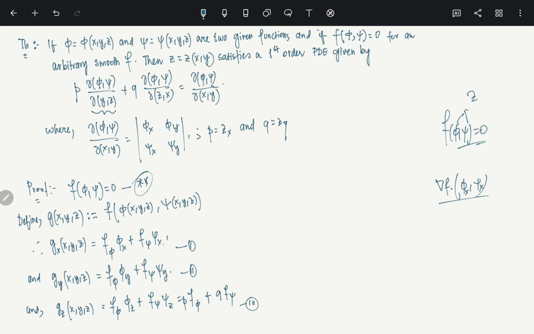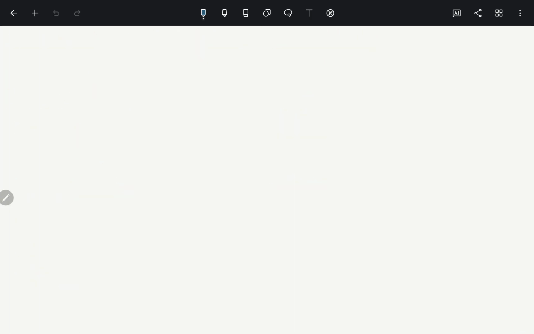So you see g_x is going to be 0 because g is 0 essentially. From double star, g is going to be 0, so g_x is going to be 0, g_y is going to be 0, g_z is going to be 0. If you put all of this together, what you are going to get is f_phi times (phi_x plus p phi_z) plus f_psi times (psi_x plus p psi_z) is equal to 0.